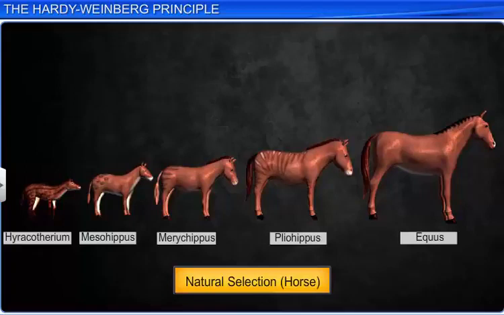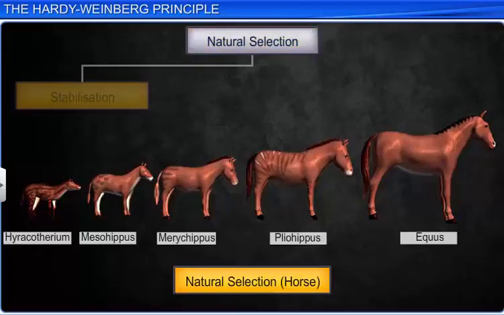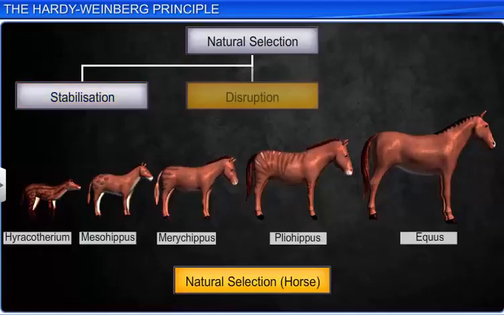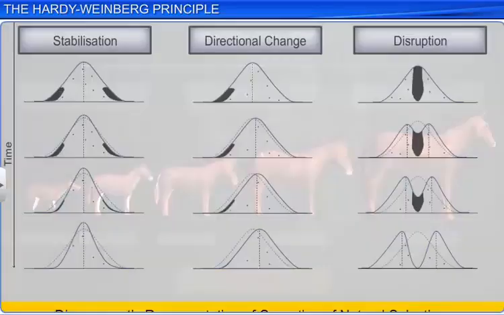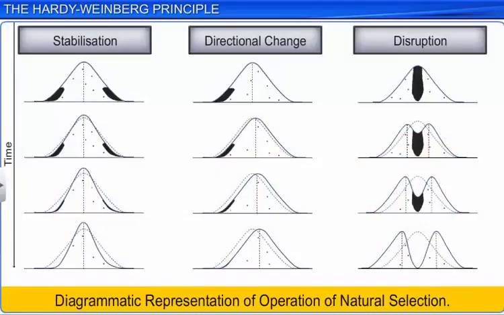It can also give rise to situations such as stabilization, disruption, and directional change. Let's look at the distribution curves, which help us study the evolutionary process of the existing population. These curves also show how natural selection operates in various situations that impact a population.